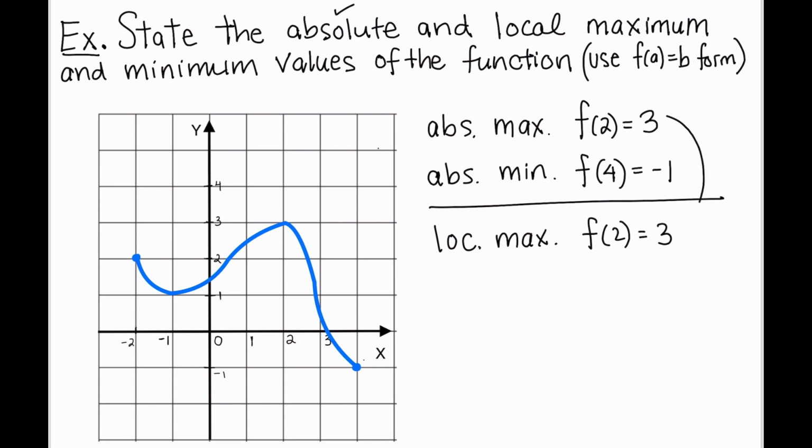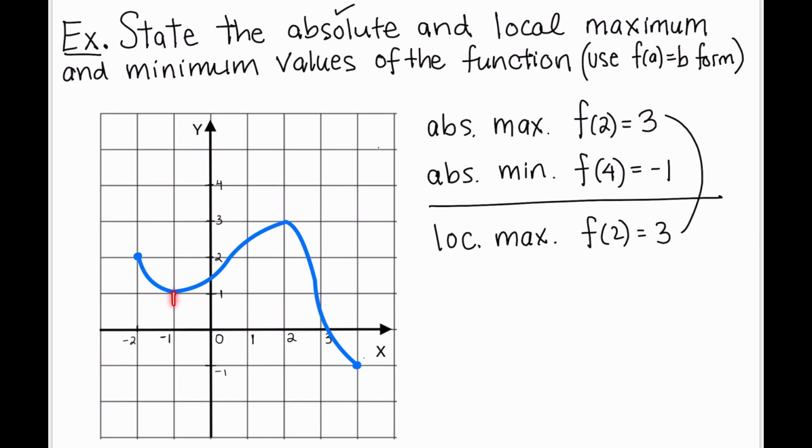So these guys are really the same, right? And let's look over here. This would be another example of a local, but this is the local minimum. You can see that f of -1 is less than or equal to f of x for all the x values that are near -1. So let me just write that down.